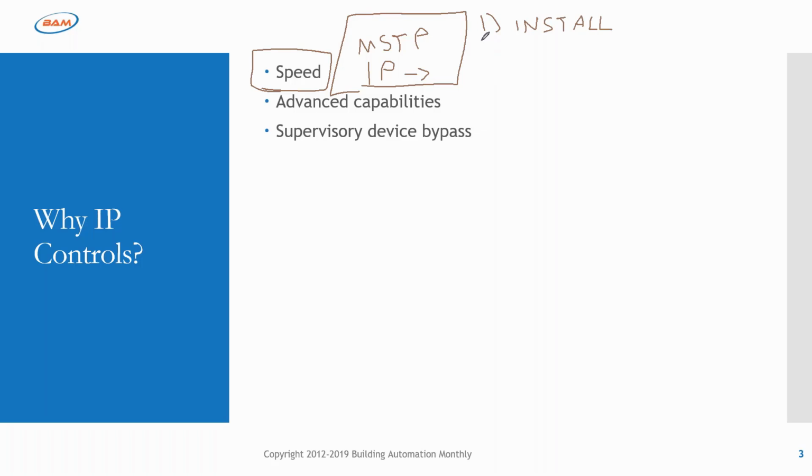And hopefully they all went through, and hopefully nothing got corrupted. The beauty with IP is that you do a mass program download, and depending on the manufacturer and how they have it developed, you're going to have that done in a matter of seconds to minutes. It's much faster.